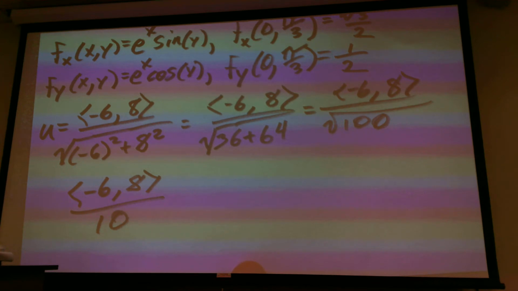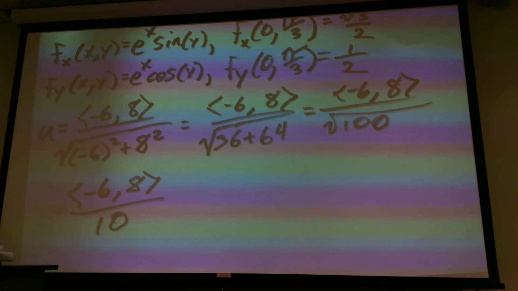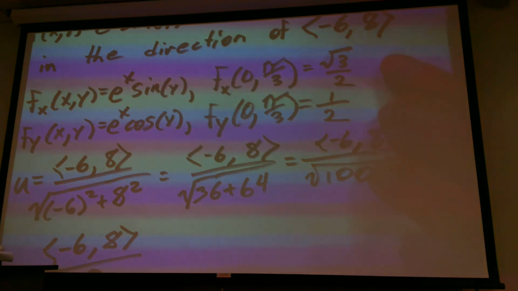All right? So now let's figure out what our directional derivative is at that point. So we have negative 6 over 10 and 8 over 10, and then we have our partial derivatives right here. Okay?